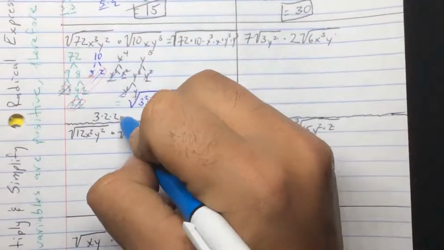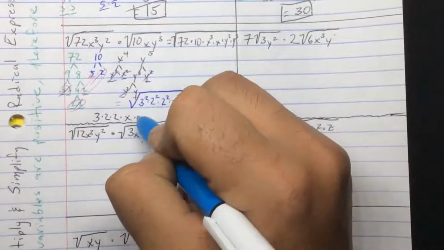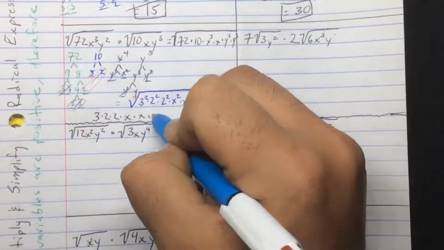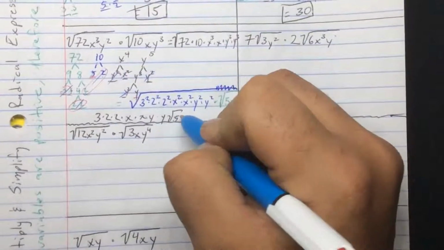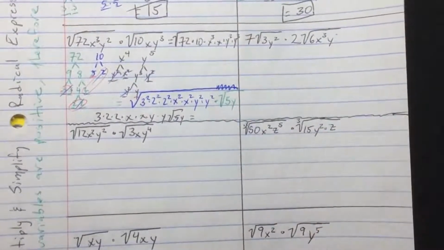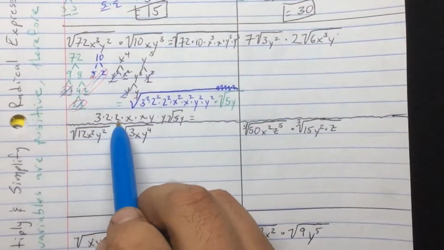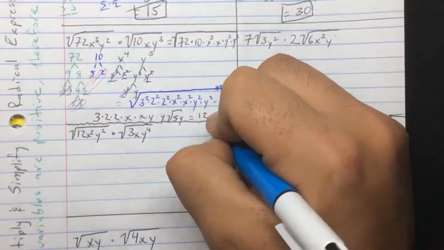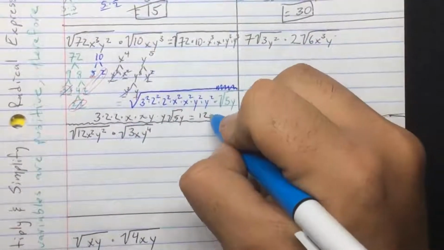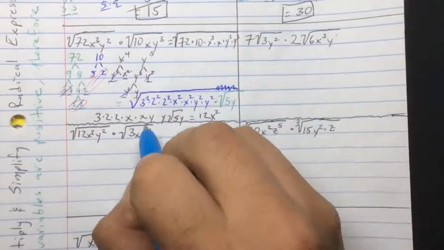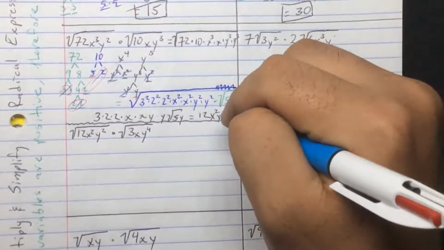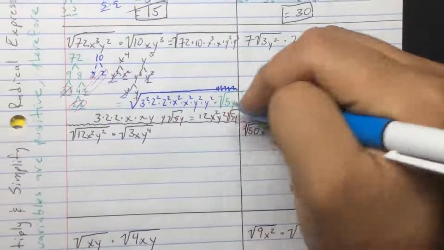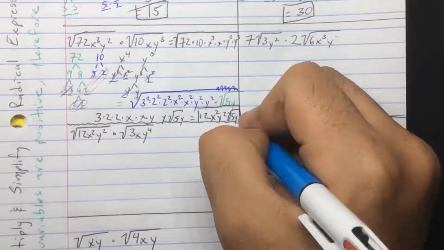Then we have times x times x times y, and then the square root of 5y, which equals 3 times 2 times 2, which is 12. X times x is x squared. Y times y is y squared. And we have our radical 5y.